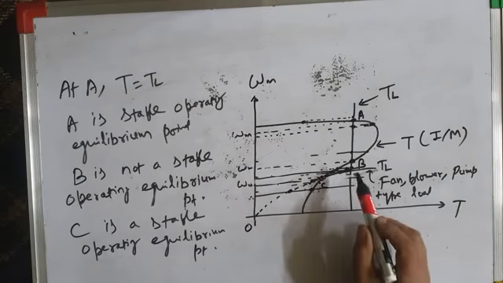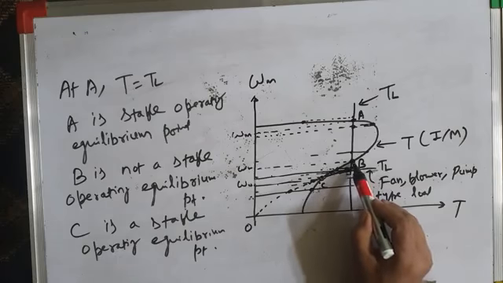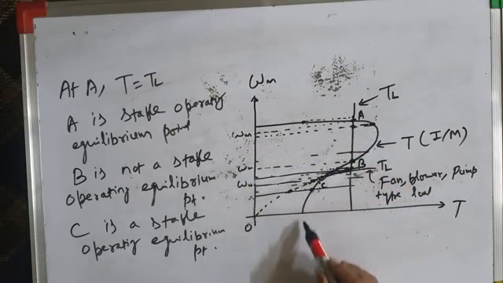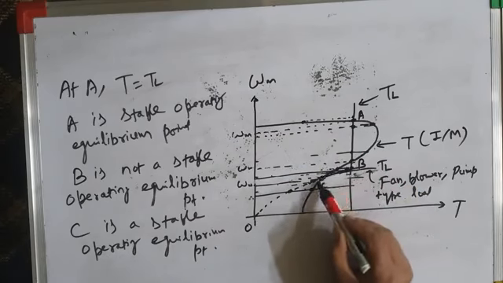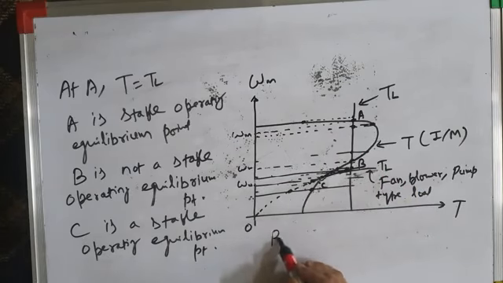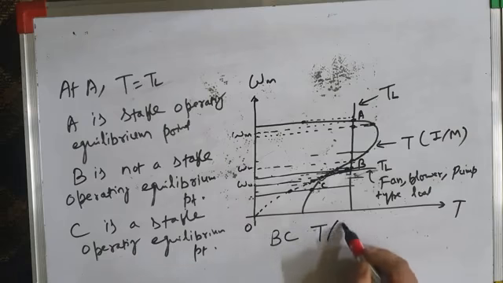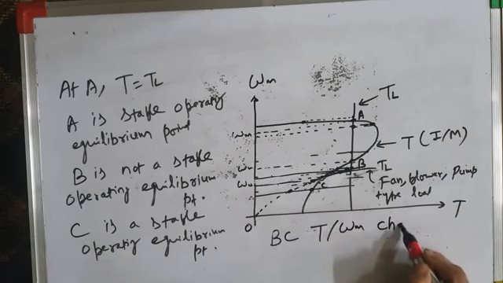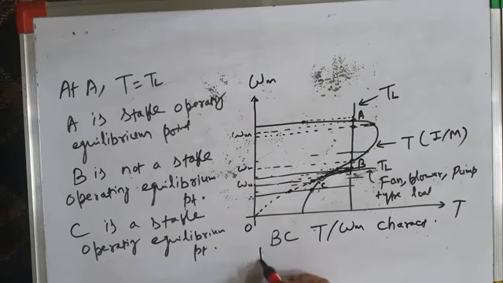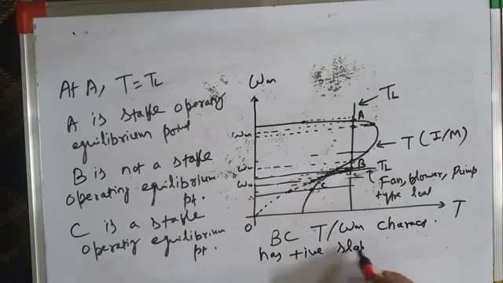Now let me explain to you this portion of the characteristic of the induction motor. See, this is the induction motor torque speed characteristic. The BC torque speed characteristic of the induction motor has positive slope. You can clearly see it.